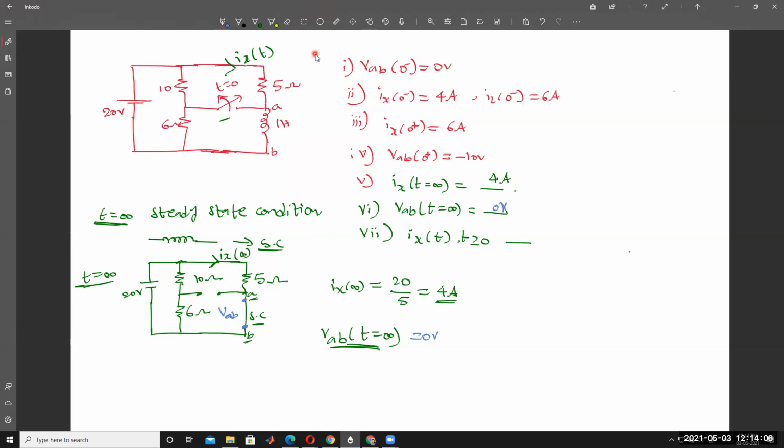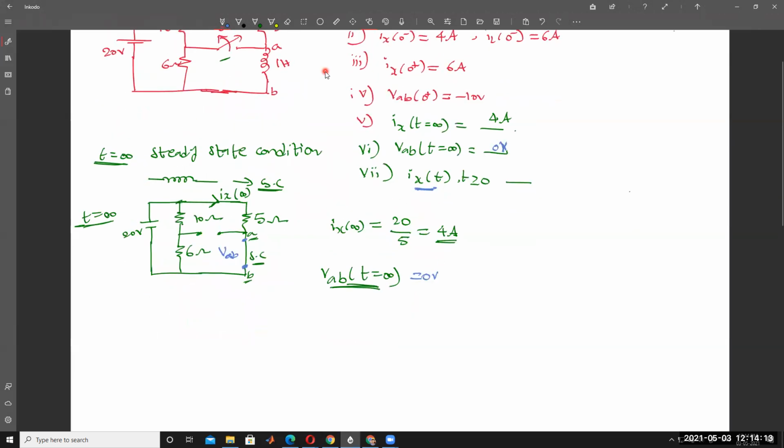Understood? And then Ix of t for t greater than or equal to 0. You know the relation for the current flowing through the inductor: IL of t is equal to IL of infinity plus IL of 0 minus IL of infinity, into e power minus t by tau, for t greater than or equal to 0.